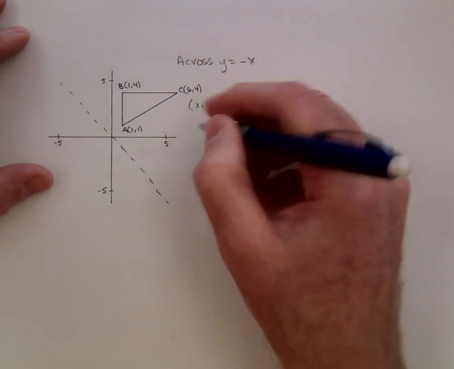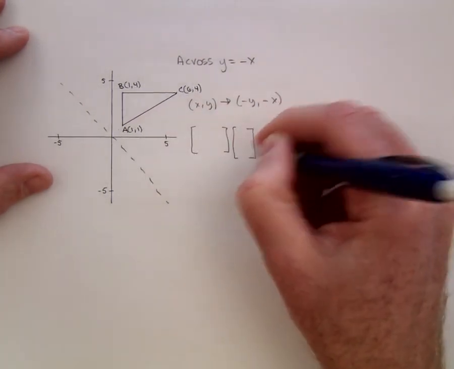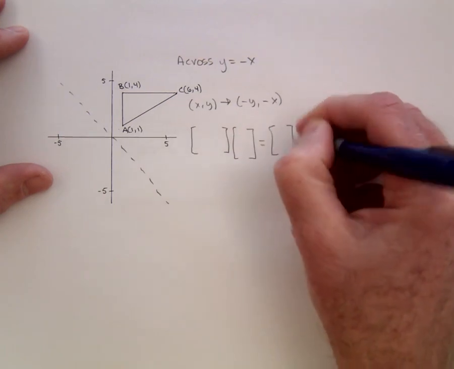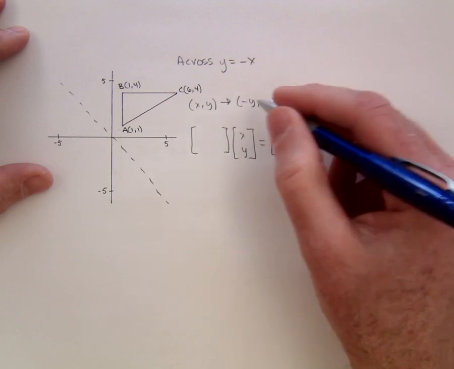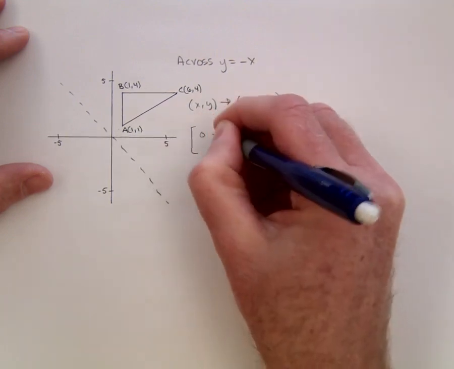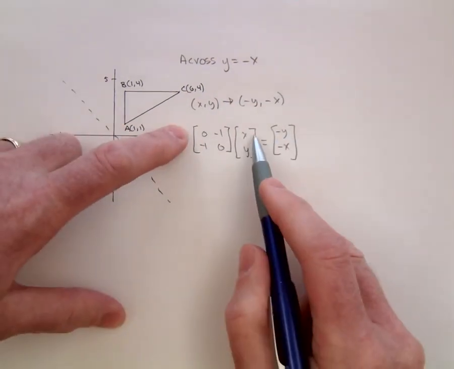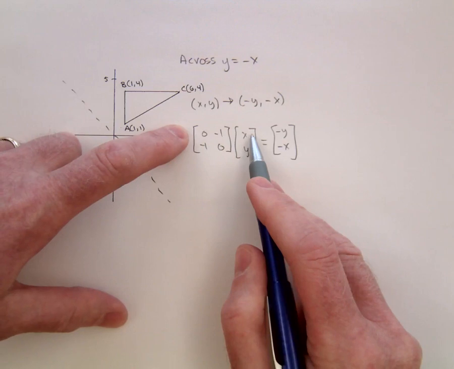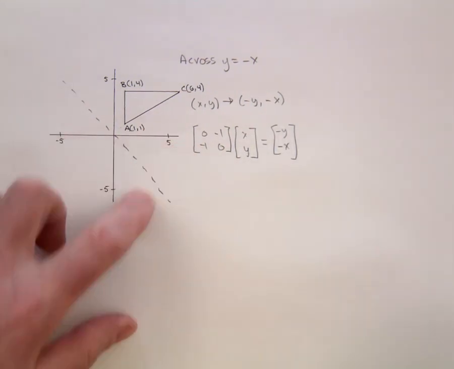And if you want a matrix, you can ask yourself what has to happen to xy in order to get you to opposite of y, opposite of x. Turns out this one will do the job, because if I do the multiplication, I'll get 0 plus the opposite of y in the first row, and I'll get the opposite of x plus y in the second row.